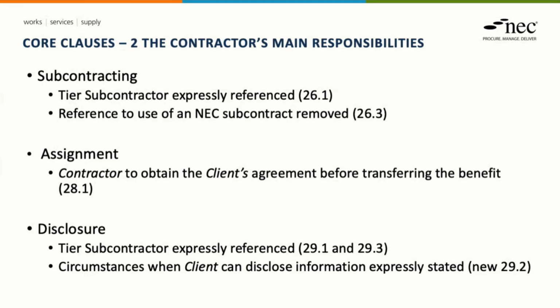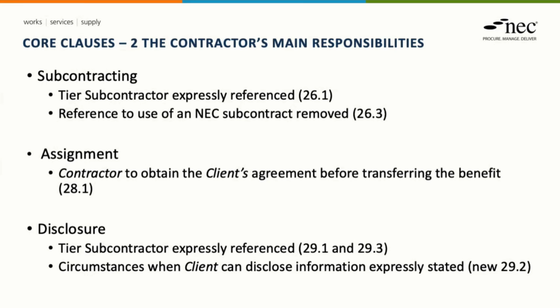Clause 26 of the contract deals with subcontracting, and the new defined term of a tiered subcontractor has been brought into this clause, and the reference to use an NEC subcontractor has been removed. That's not to say an NEC subcontract cannot be used, it's just to say that the requirement to share the documentation if an NEC subcontract is used remains.